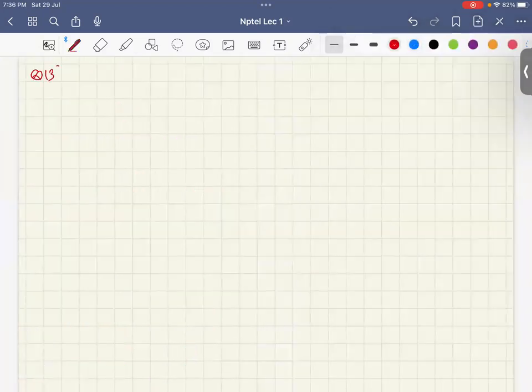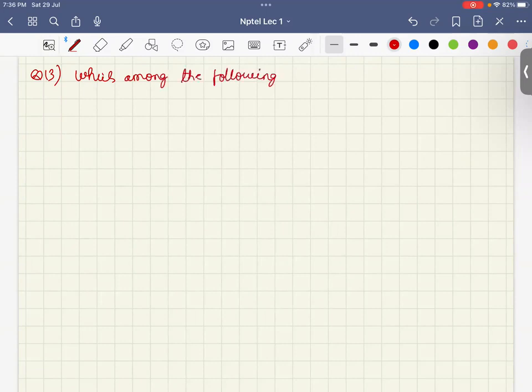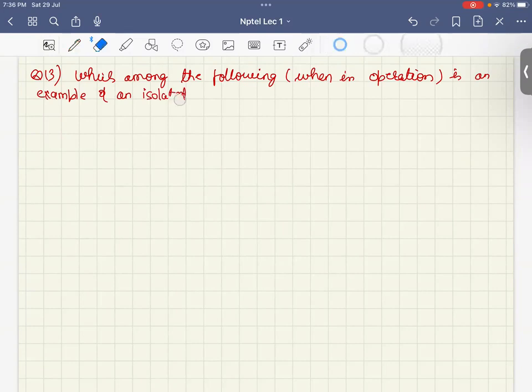Question number 13 is: which among the following, when in operation, is an example of an isolated system?